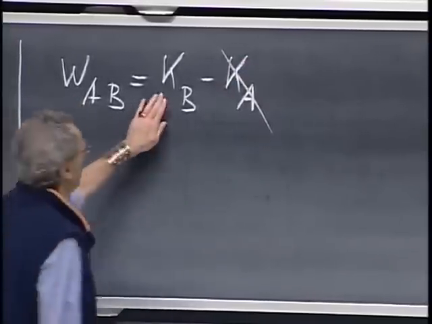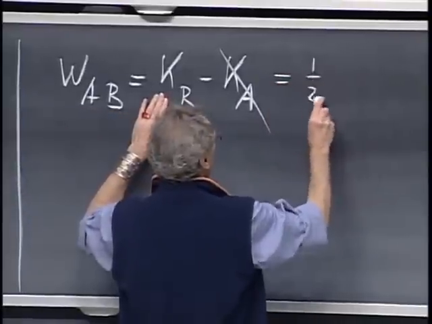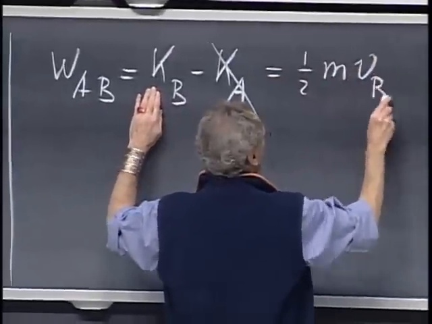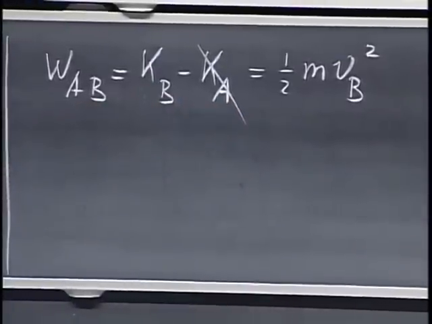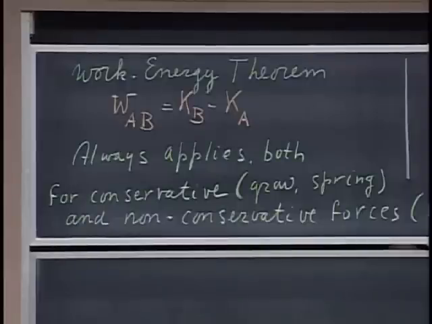And so the kinetic energy at B is clearly 1/2 m vB squared. So it comes down to applying the work-energy theorem and calculating how much work was done by all the forces at stake, conservative and non-conservative, makes no difference, and putting it equal to 1/2 m vB squared.